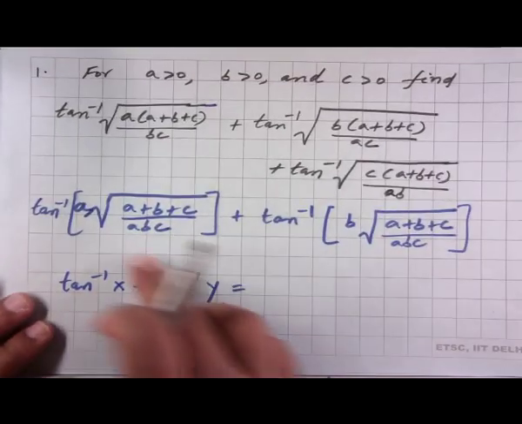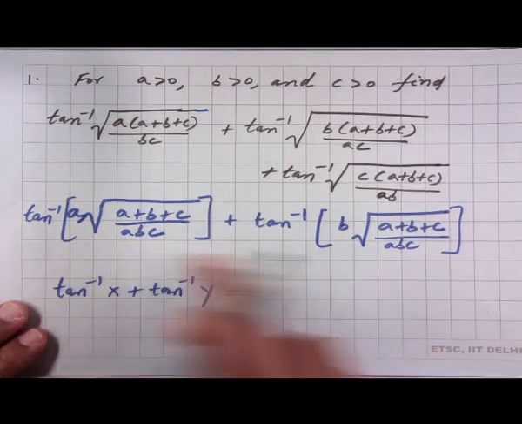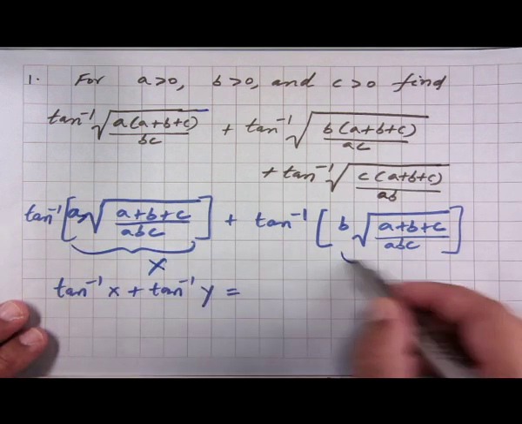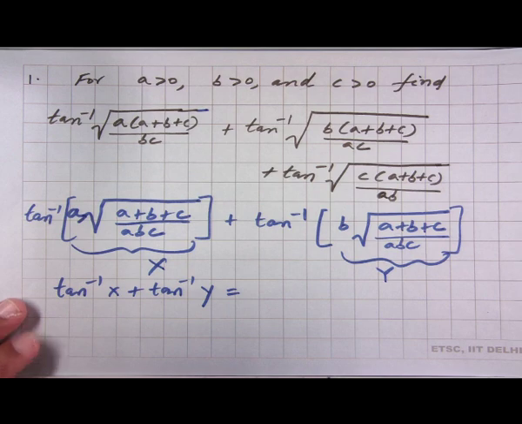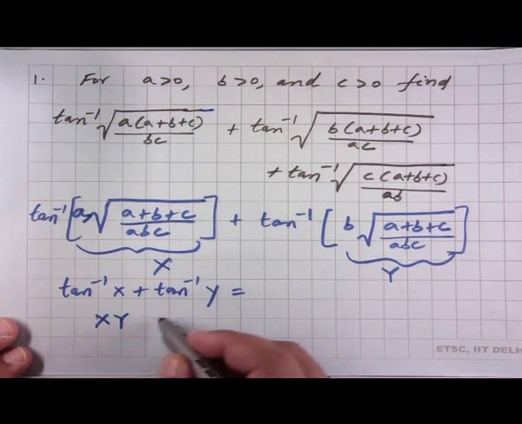Now in order to use this formula, in our case we would like to evaluate this expression. Let's say this is x and this is y, and then we first have to look at the product of x and y.